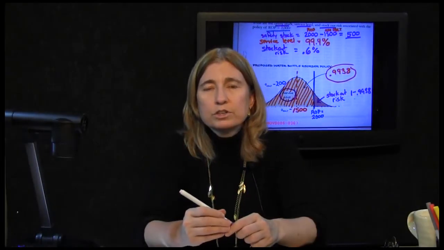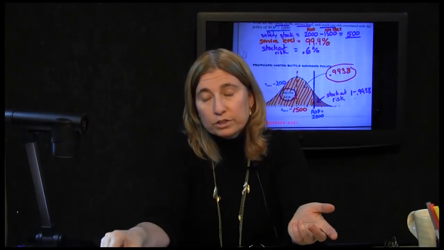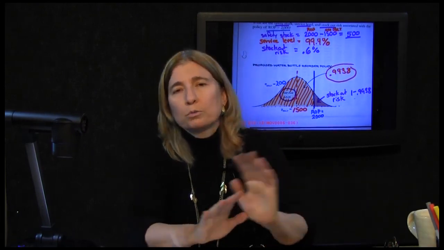So we have just discovered that if Adventure Center reorders bottled water when there's 2,000 bottles left in stock, that's the reorder point, there's 0.6%, less than 1% chance that they're going to stock out before the new shipment of bottled water arrives.